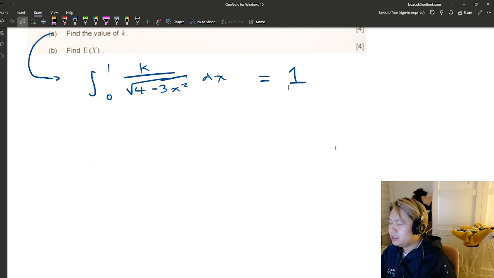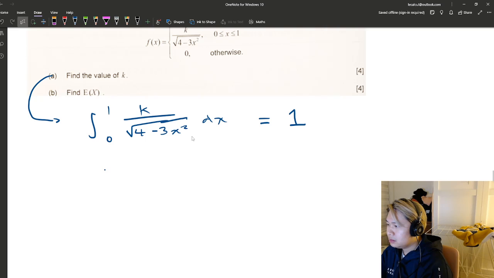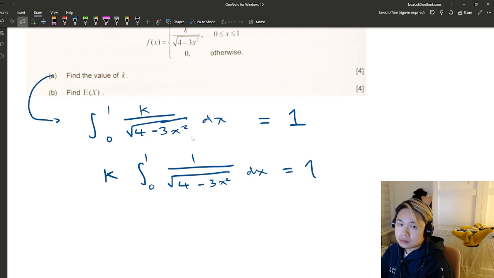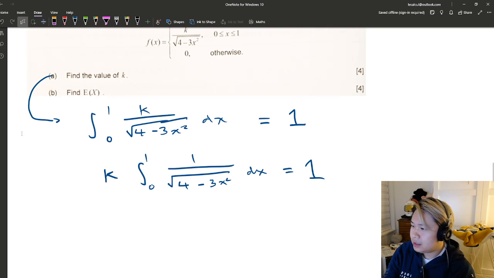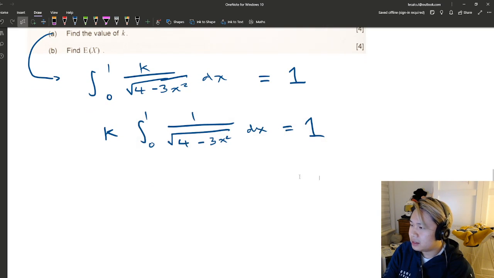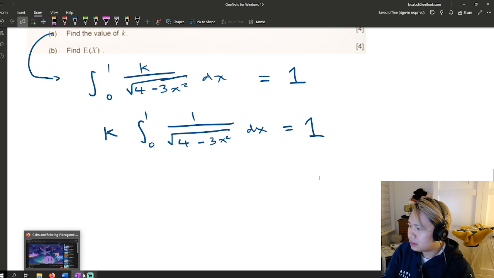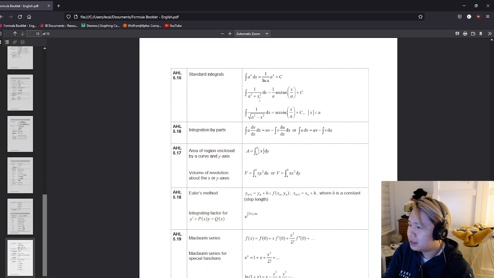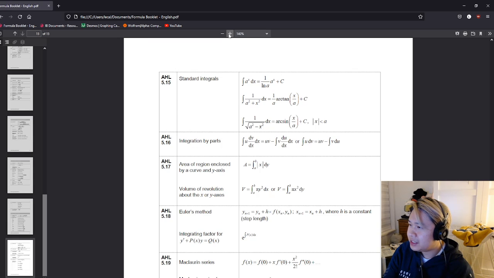Okay, so all we need to do is take the integral. I'll take k out of the integral. We have to basically evaluate this integral. And this is going to take the formula booklet. I believe this is an HL integral, something to do with your HL level standard integrals.